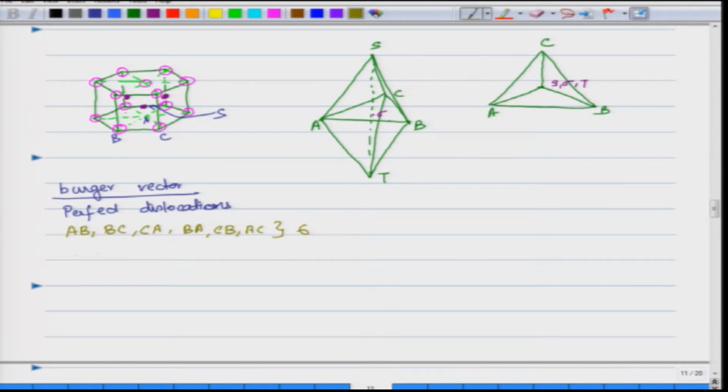Then the other category is ST and TS. This is ST and the inverse is TS, which is the C type of Burgers vector, that is also one full Burgers vector for a full dislocation. Then there is something called SA/TB, which you can say is from the center of ST to the center of AB, that kind of vector is called ST/AB.